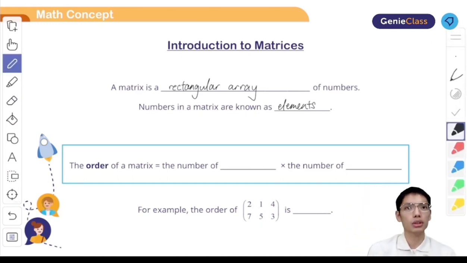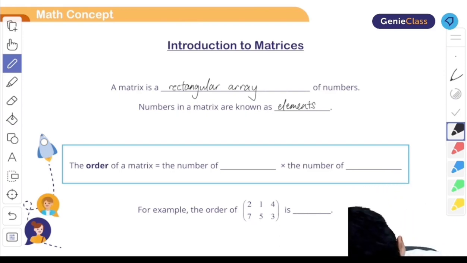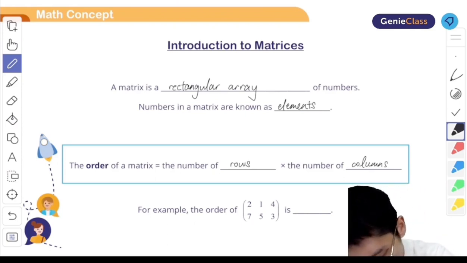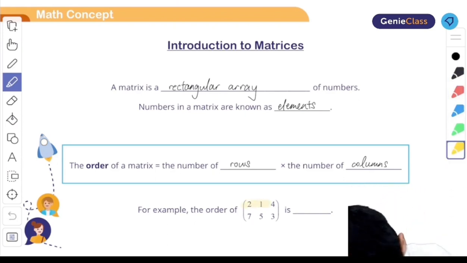Now, the first thing we look at in a matrix is the order of the matrix. How do we classify the order? It is the number of rows times the number of columns. Take note, when we talk about times over here, we are not evaluating the number. So, for example, what is the order of this matrix? How many rows are there? In this case, 2 rows.